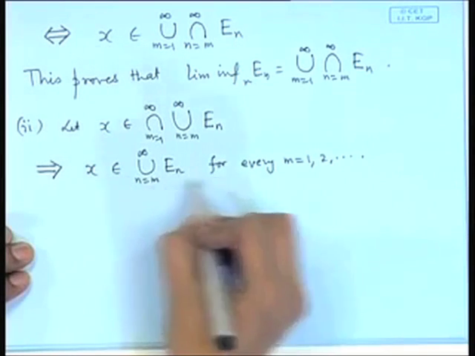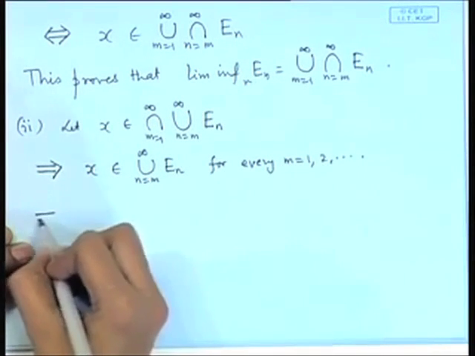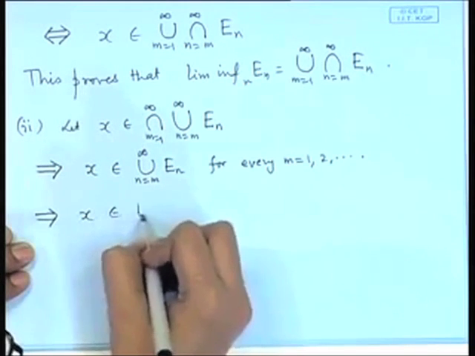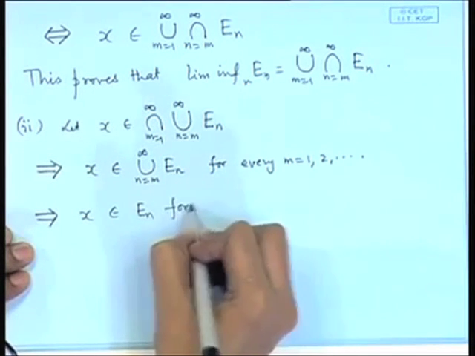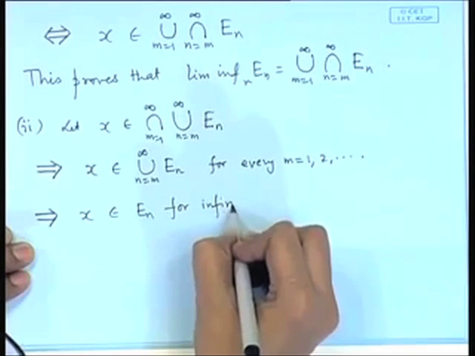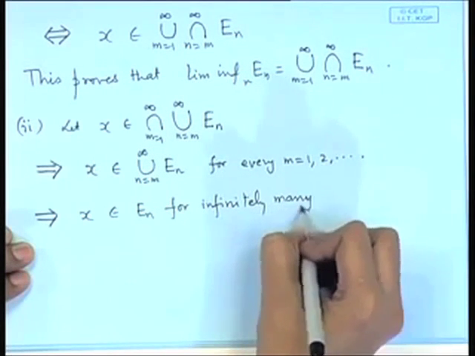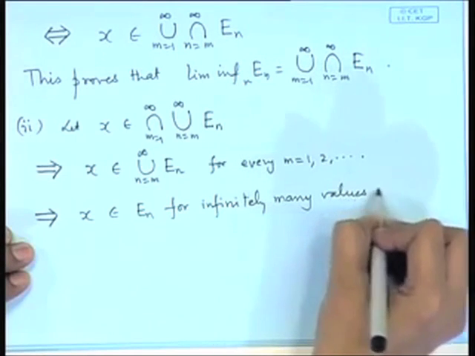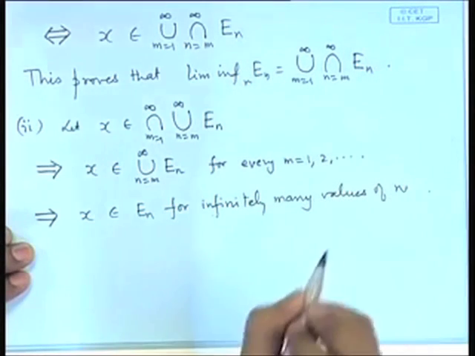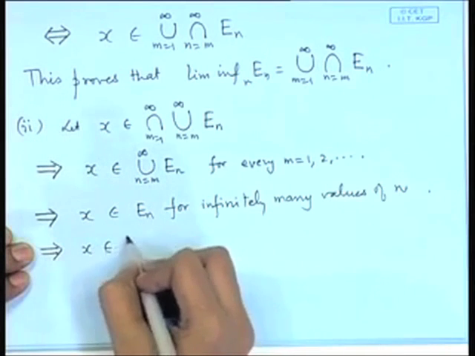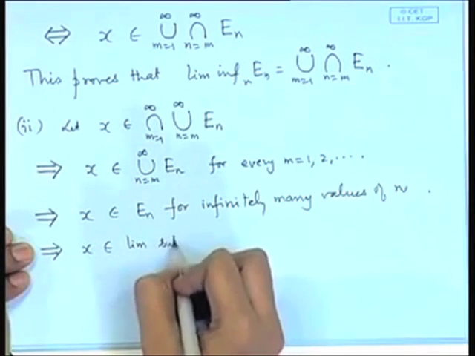However, it is belonging for every value of m. This means that x belongs to En for infinitely many values of n, which is actually the definition of limit superior.